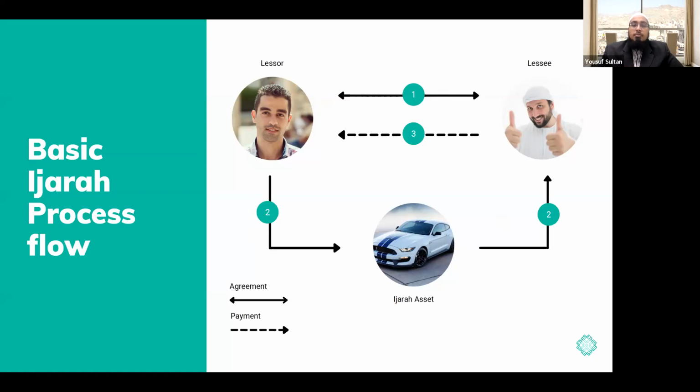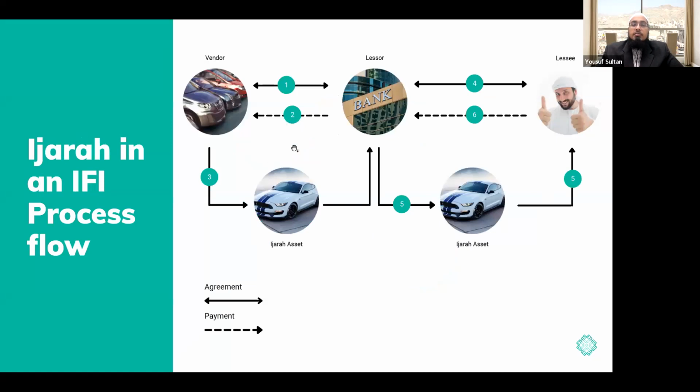Now, if we go to a bit more complicated version of it, which is what happens in our banks or financial institutions, the lessee, let's call him the customer, comes to the bank and says, okay, I want to lease a car from you. And maybe he is also specifying the car or even the vendor.